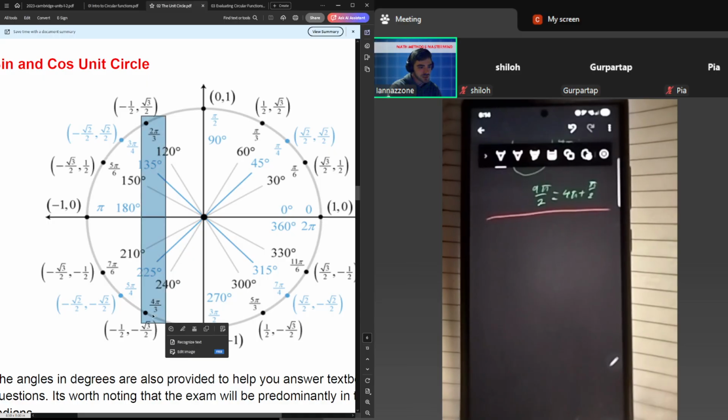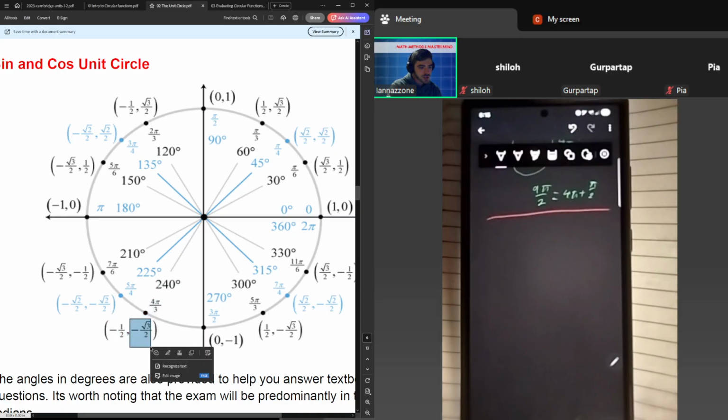So flip it vertically. We have a pi over 3 type angle, so you want to hit the other pi over 3 type angle in this spot. And then from there, since it was sine, we're going to give the y value, which is why it's going to be negative root 3 over 2. Okay with that? Yeah. Cool.